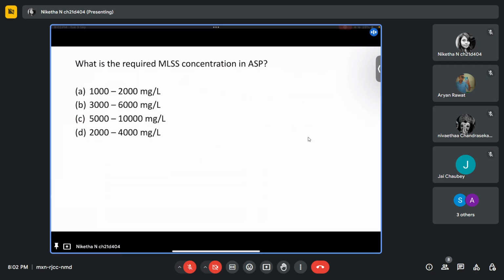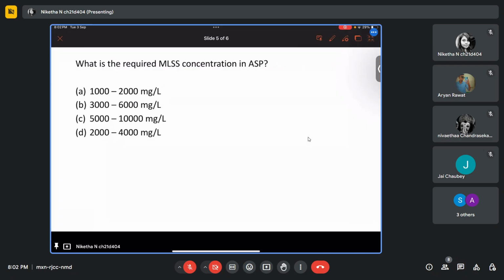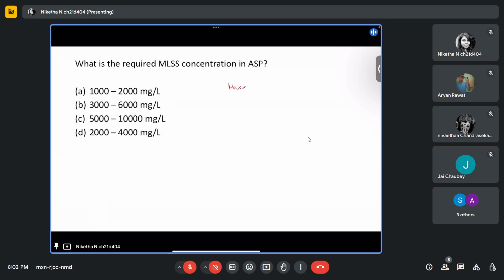Okay, what is the required MLSS concentration in activated sludge process? Here MLSS is mixed liquor suspended solids, which is actually the concentration of bacteria. So what should be the concentration in activated sludge process?